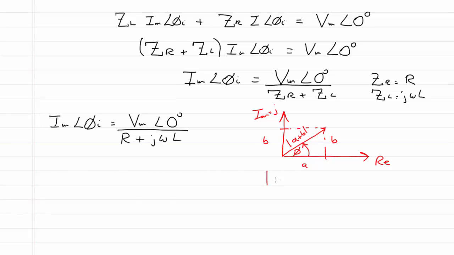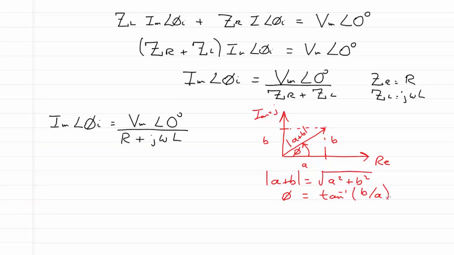The magnitude, you'll recall from Pythagoras, is simply the square root of a squared plus b squared. Notice it's the real part squared plus the magnitude of the imaginary part squared. The j just indicates that it's orthogonal to the direction of the a. And the angle is given by the inverse tan of the imaginary part divided by the real part.